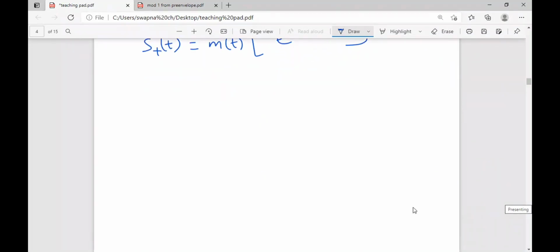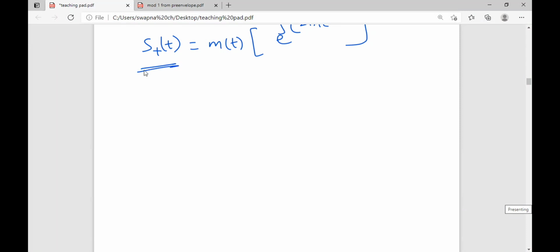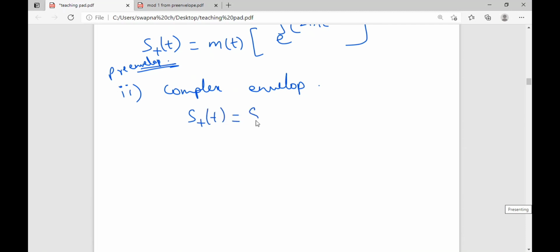Now we've got S plus of t, which is nothing but the pre-envelope of the given signal. Now along with the pre-envelope, I should also find the complex envelope. Complex envelope: S plus of t is nothing but S tilde of t e power j 2 pi fct. Now what I want is S tilde of t.